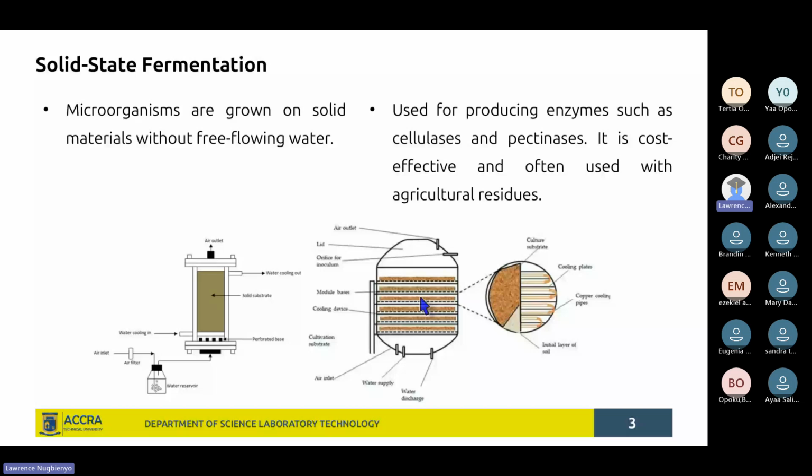Even though it's solid state fermentation, not the liquid one which we just saw, there will still be the need for some amount of moisture in a bioprocessor for the microorganisms to produce the enzymes that we are looking for.